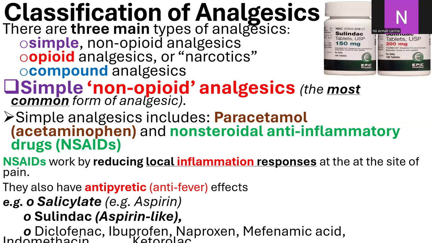So what are some examples of our simple non-opioid analgesics? Basically, when we talk about simple non-opioid analgesics, we look at two main types of drugs or drug classes. These include paracetamol and non-steroidal anti-inflammatory drugs, also known as NSAIDs.